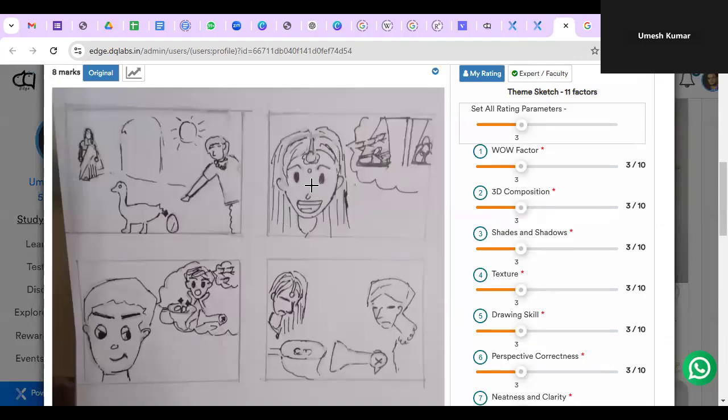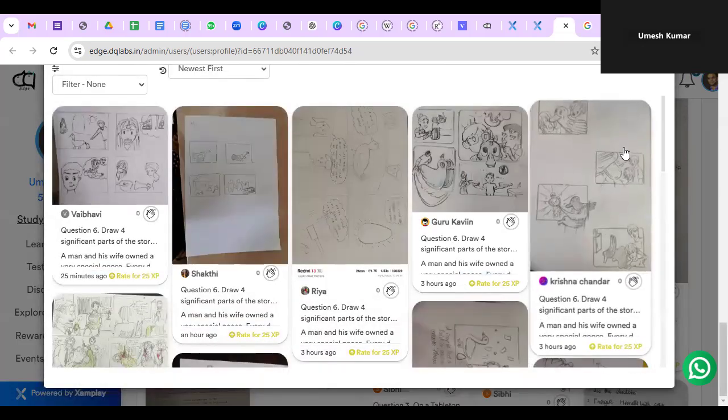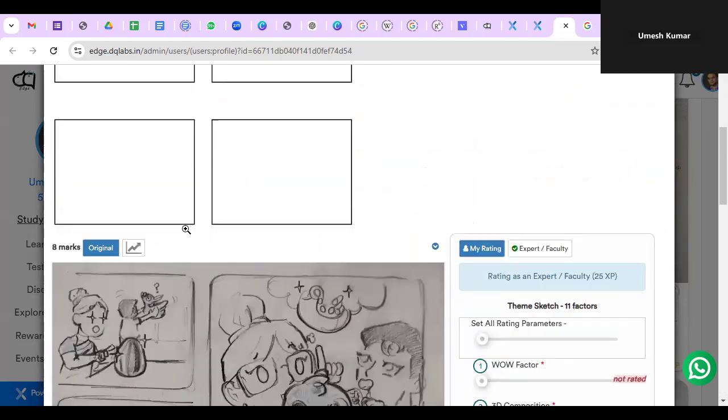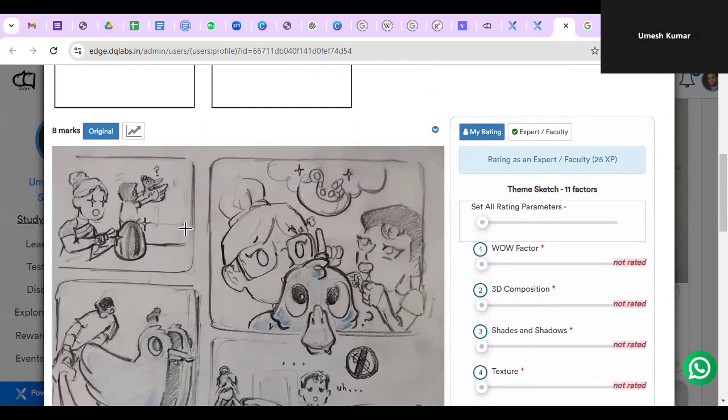Like a woman's face with a single line drawing, and a goose with the egg with a single line drawing, whatever you want to represent. Can you try once? Same topic. Yes, sir. Use a pen, without lifting your pen for the drawing. So it has to be a single line. Now look at this.